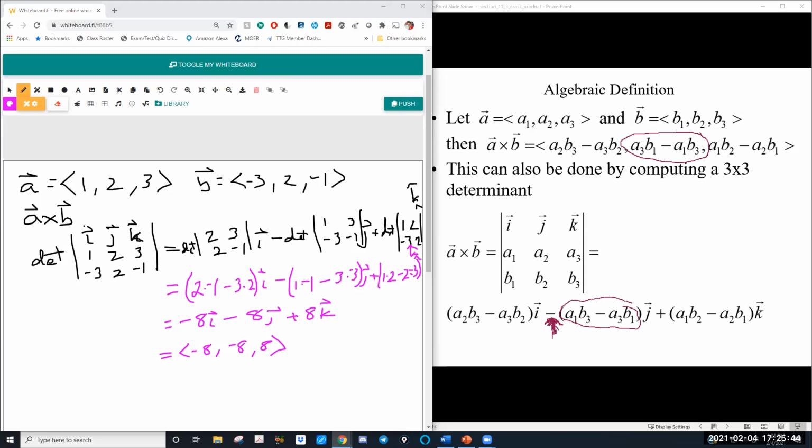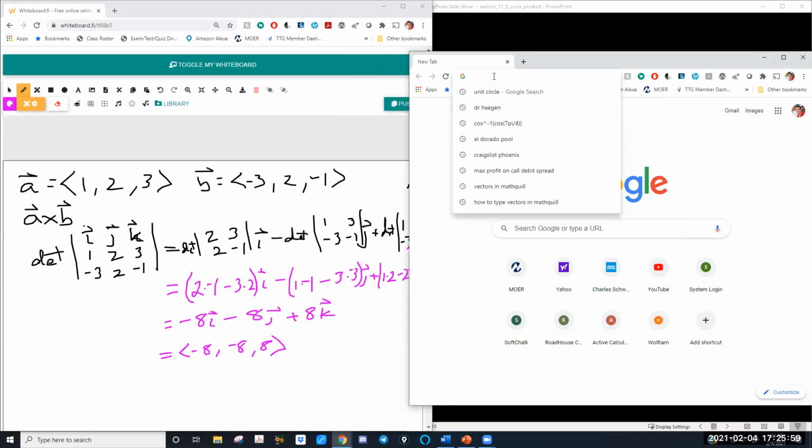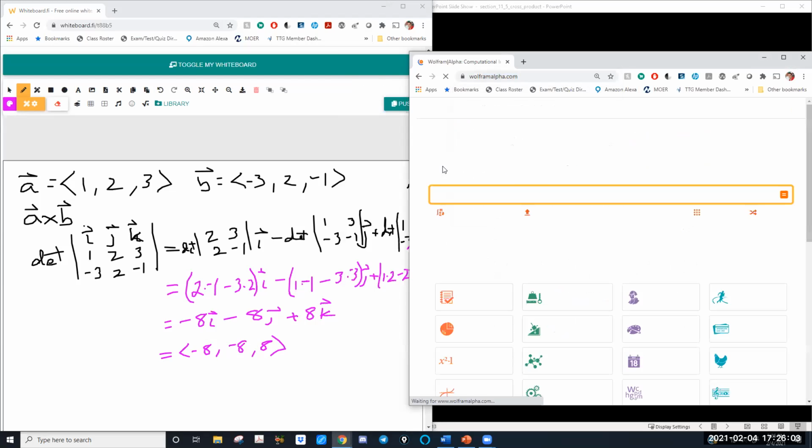Now, guys, it is very easy to make mistakes doing the cross product by hand. There are a lot of cross product calculators out there, but Wolfram Alpha is a good one.